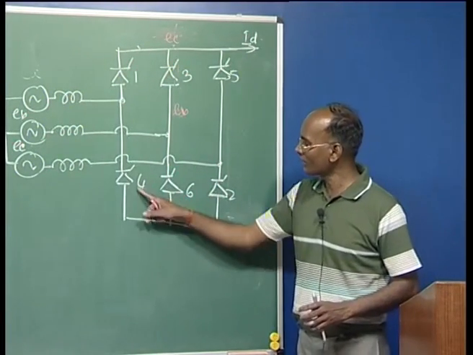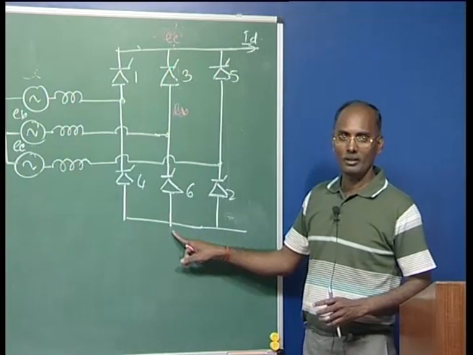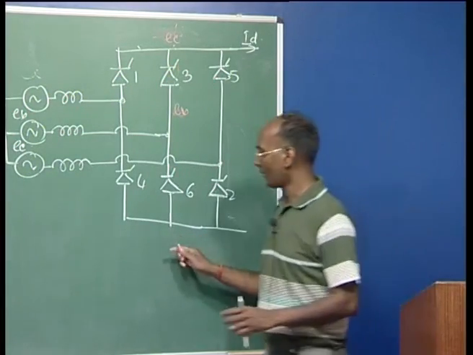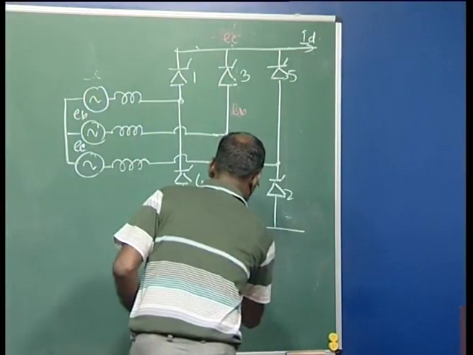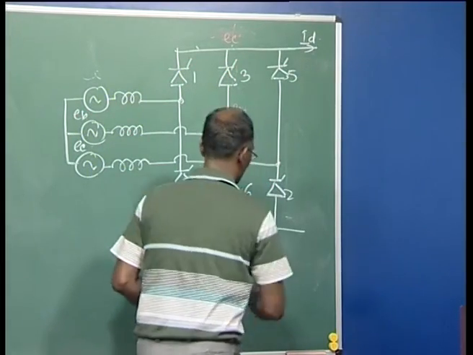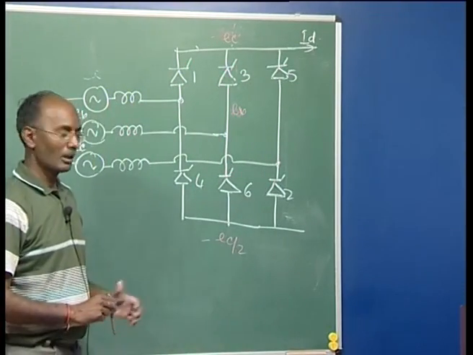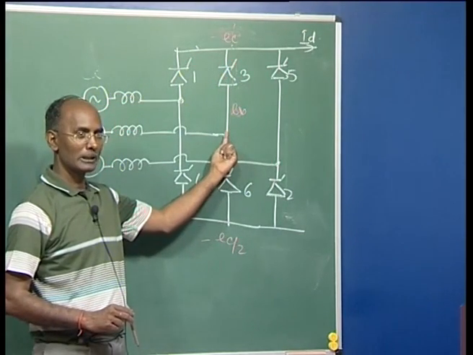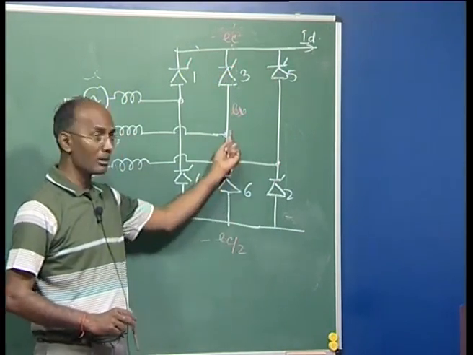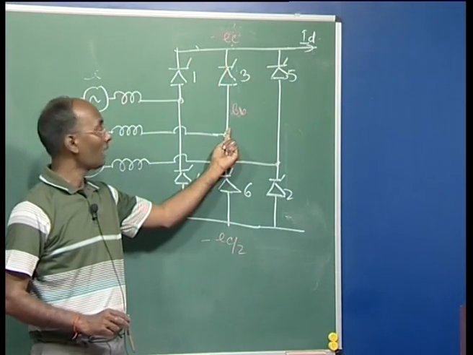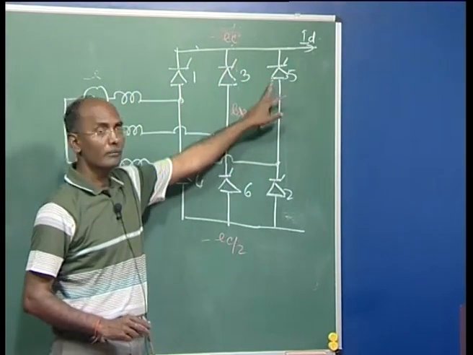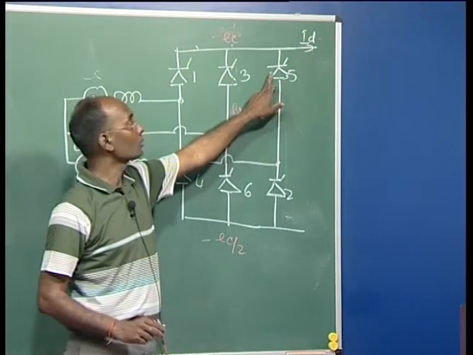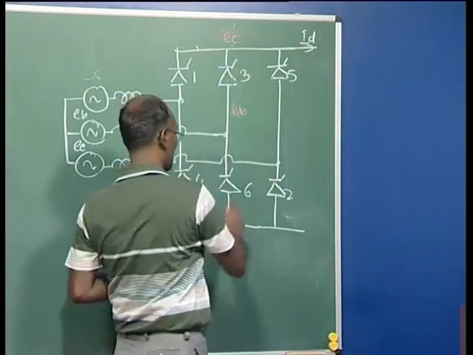Now what will be the voltage here? Here it is minus EC by 2. This is conducting. This voltage will appear, and the other was your 5. The 5 here was EC, and now this.